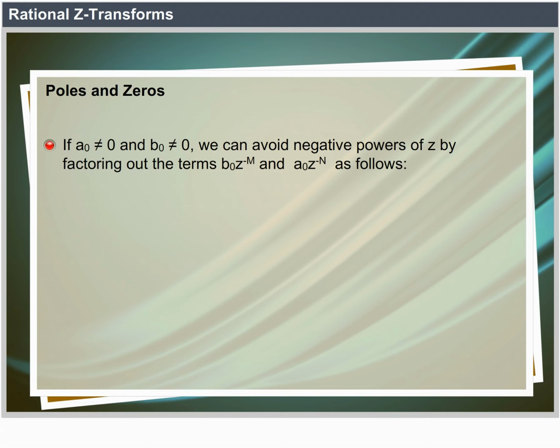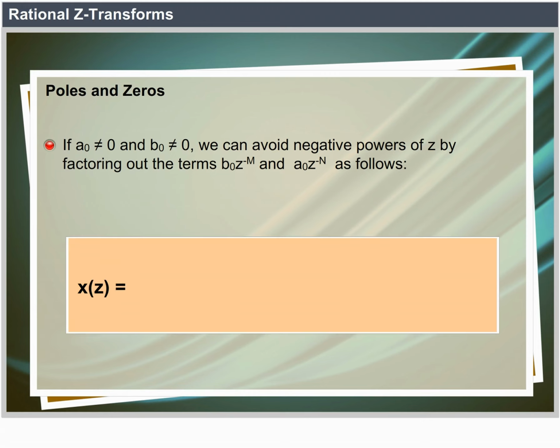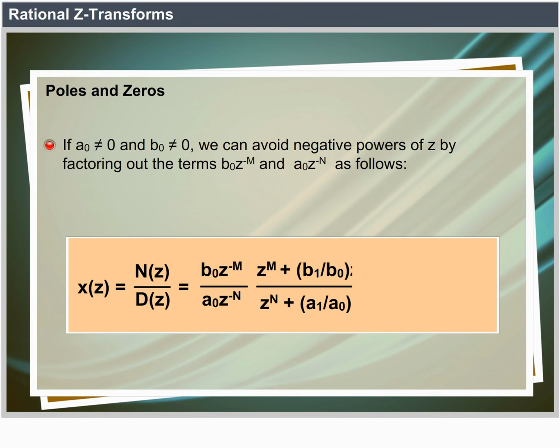Capital X of z equal to n of z divided by d of z equal to b naught into z power minus m divided by a naught into z power minus n into z power m plus b1 divided by b naught into z power m minus 1 plus etc. plus bm divided by b naught, divided by z power n plus a1 divided by a naught into z power n minus 1 plus etc. plus an divided by a naught.